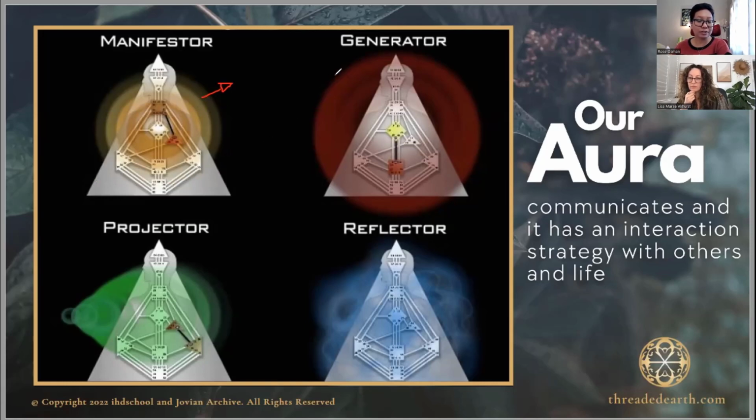Now, if you notice, when I describe generators, I point the aura inwards, right? So for generators, their theme is, who am I? They are here to know themselves. So 67%, 70% of the population is here to know themselves. But for the manifestor, their energy is actually moving outwards. That's their design.